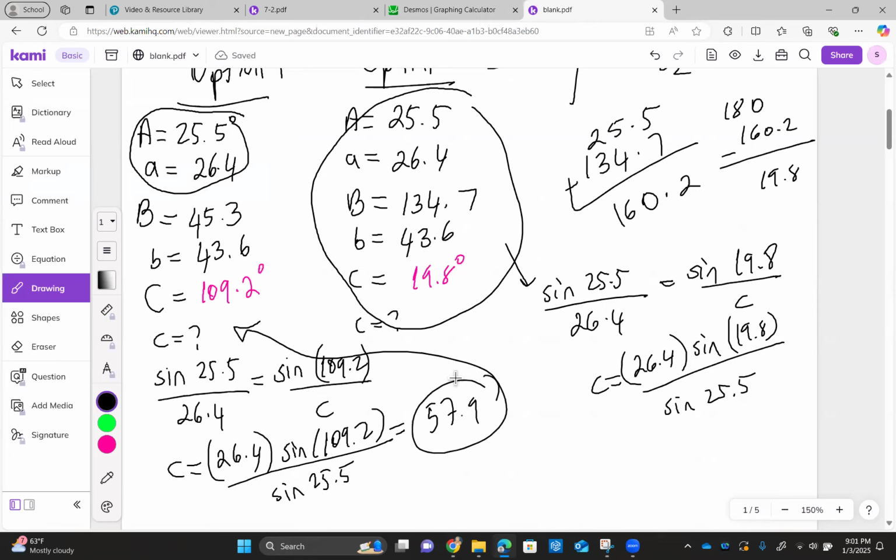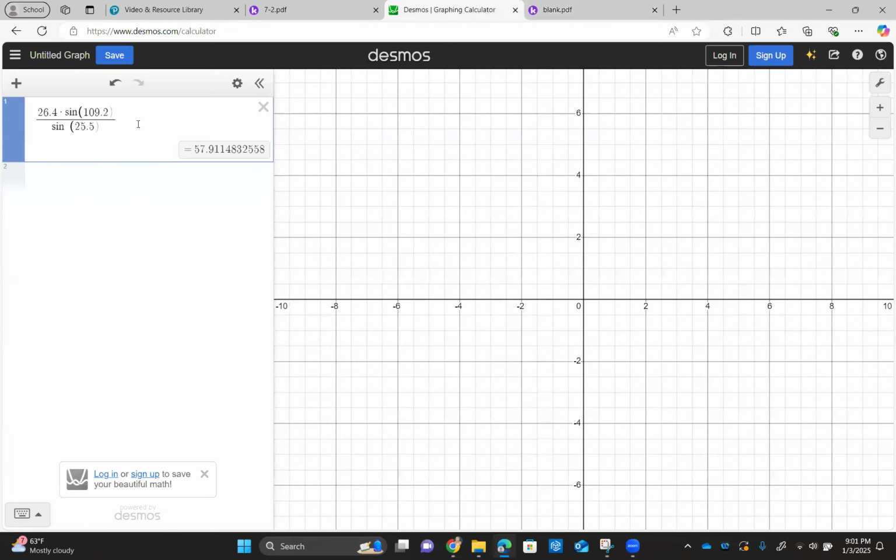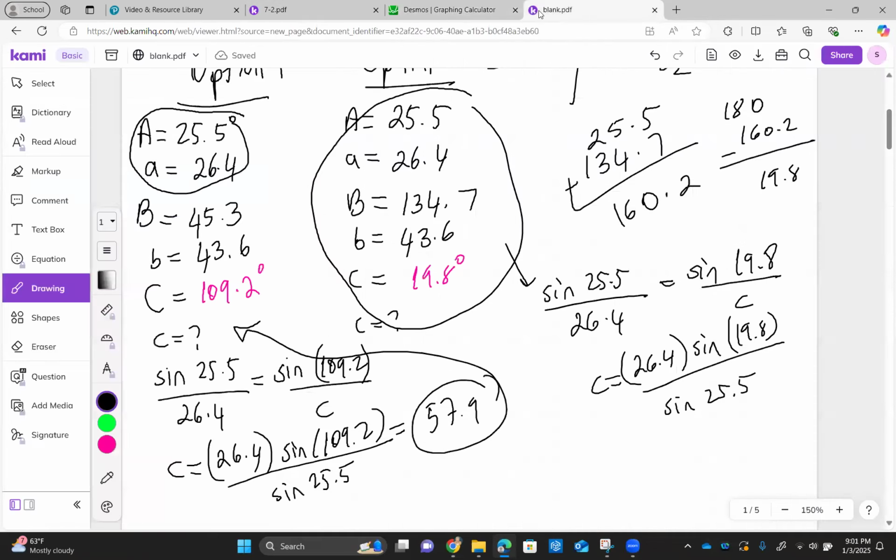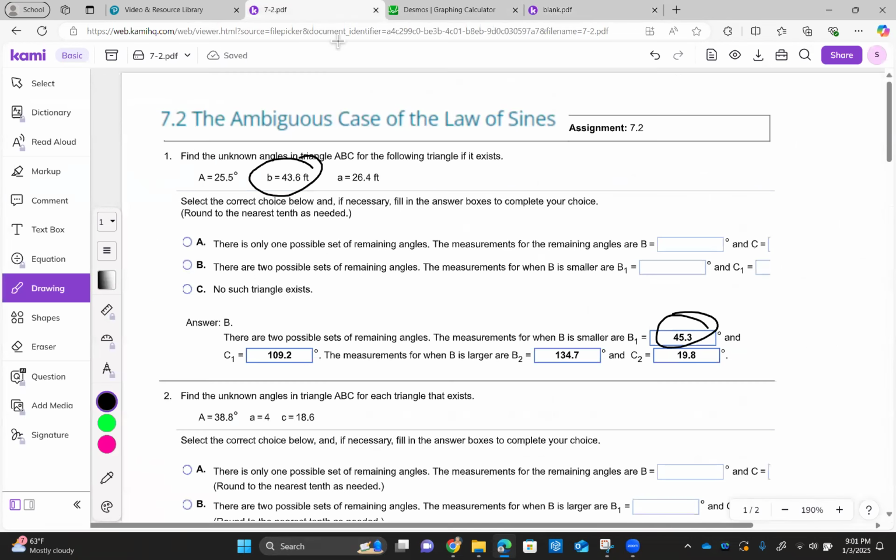Here, if we change the angle from 109.2 to 19.8, I'm just going to change this to 19.8. It gives me 20.77. 20.77 is the other value. So when we go back to this homework, it tells me that for the first one, if you choose the angle B as 45.3, then this will become your C value.